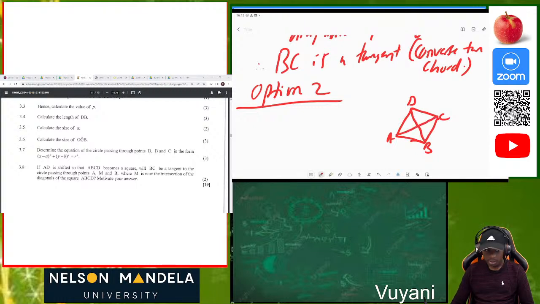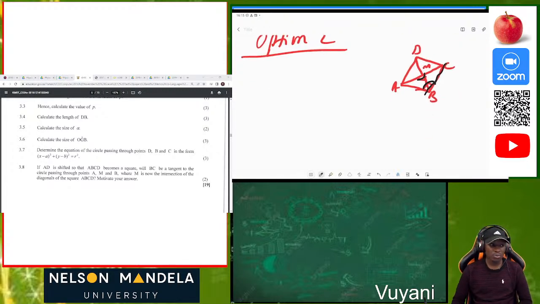Then we know that this is our M. And we know that this is 90 degrees, and also this is 90 degrees. So we can actually see that this angle will be equal to that angle. So we can write that angle AMB is equal to 90 degrees.